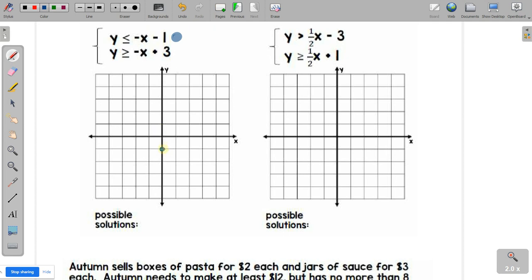Our slope is -1, so down 1 to the right 1. Our line is a solid line, so you want to draw your solid line. And then our shading. It's less than or equal to, so we're going to shade below the line.